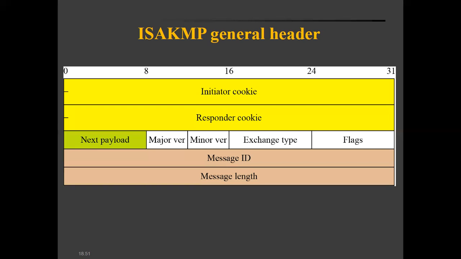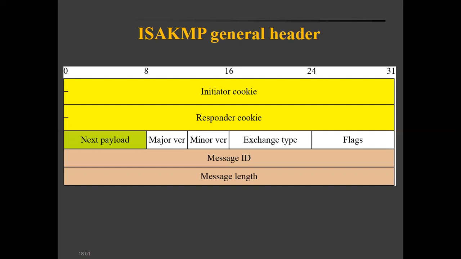The encryption bit, when set to 1, specifies that the rest of the payload will be encrypted using the encryption key and algorithm defined by the security association. The commitment bit, when set to 1, specifies that the encryption material is not received before the establishment of the security association. And the third one is the authentication bit. When set to 1, it specifies that the rest of the payload, though not encrypted, is authenticated for integrity.